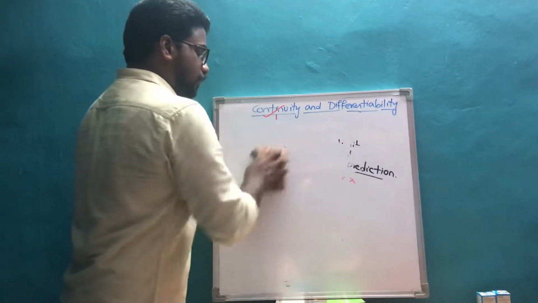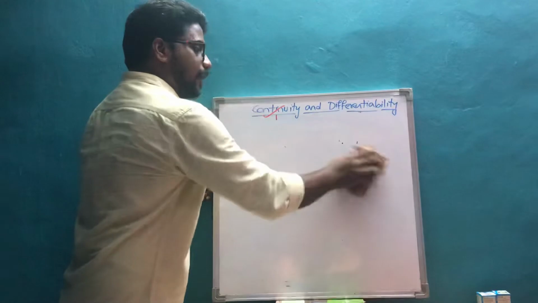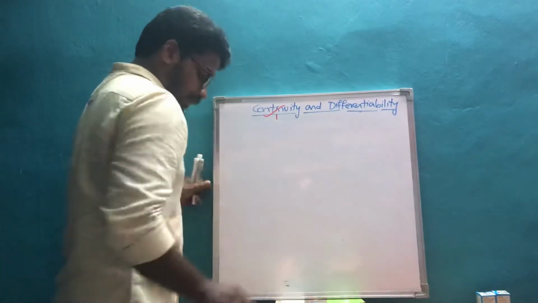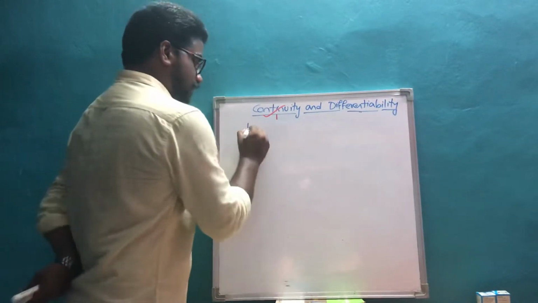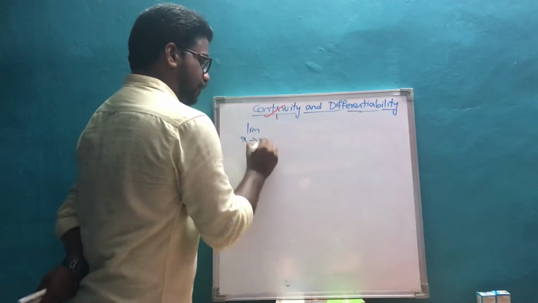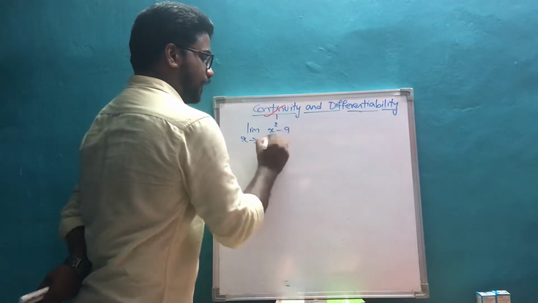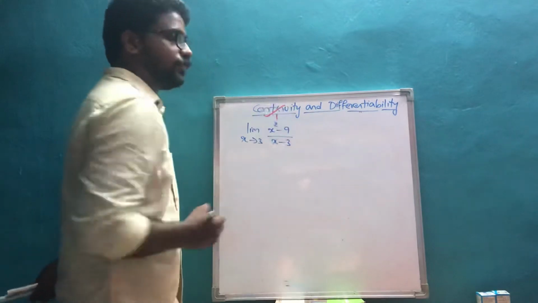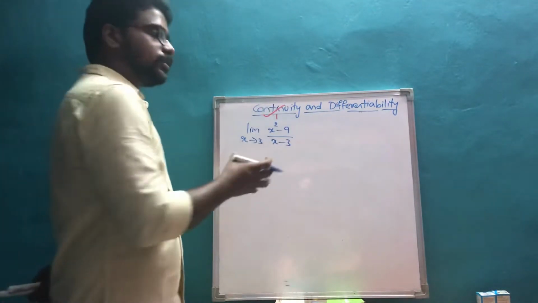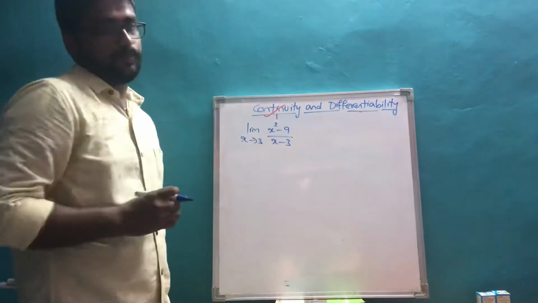If you remember, in class 11 we have a few questions like this: limit as x extends to 3 of x square minus 9 divided by x minus 3. We learned how to simplify these questions from the class 11 point of view.